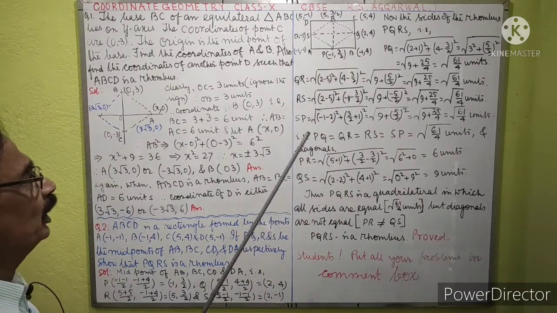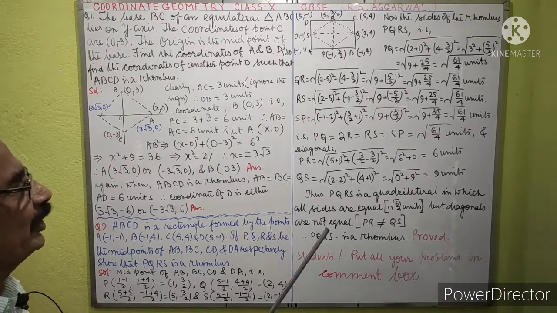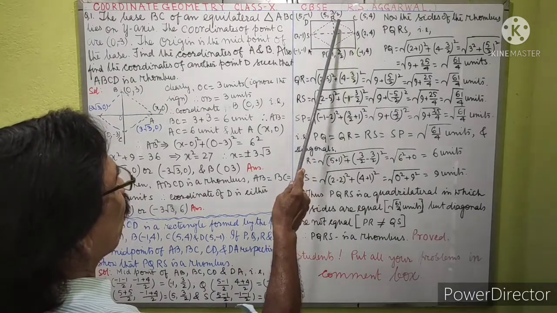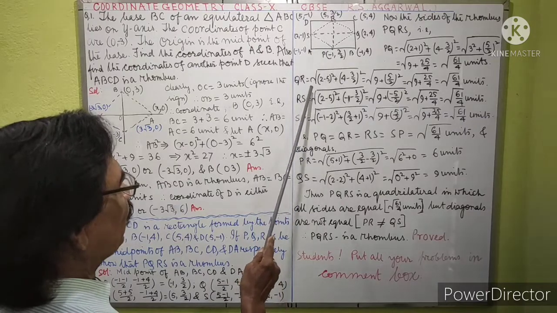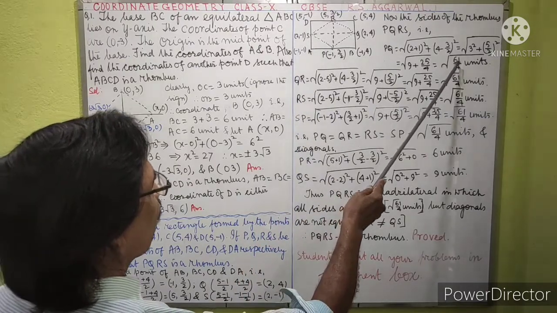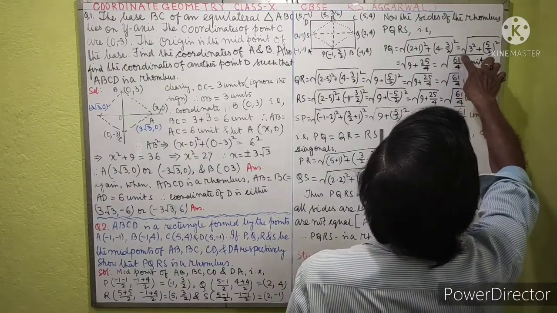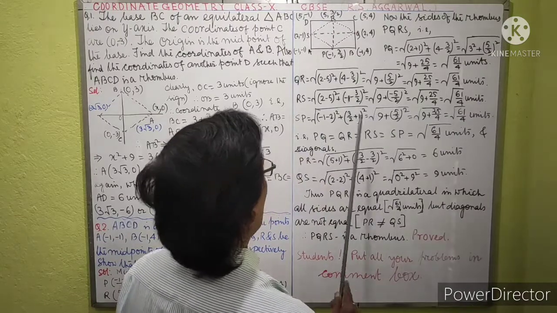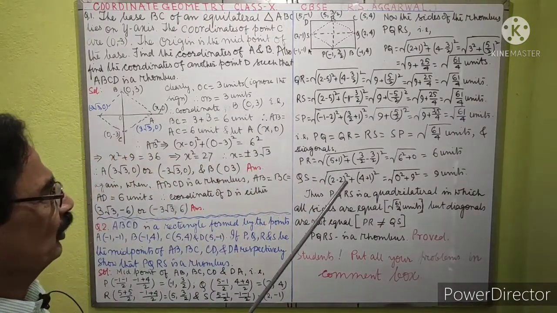Now we have to show that this is a rhombus. We know that in a rhombus all the sides are equal. So for PQ, QR, RS, SP, we find the distances. PQ equals root over 61 by 4 units, and RS equals root over 61 by 4 units.